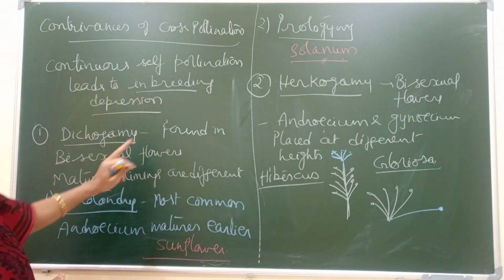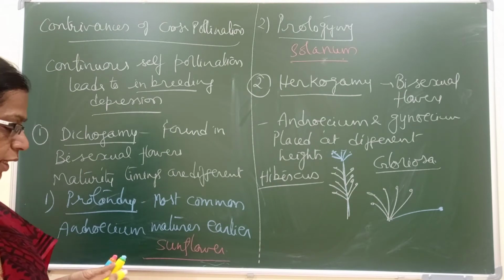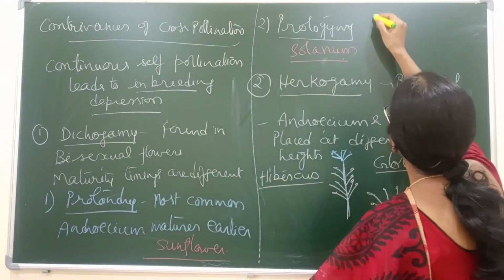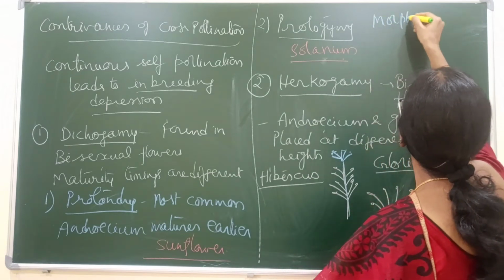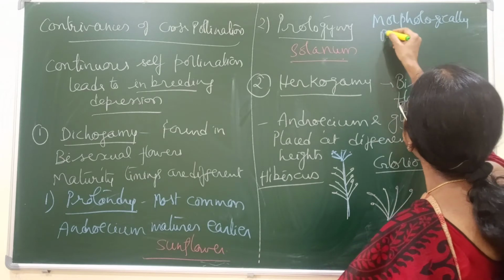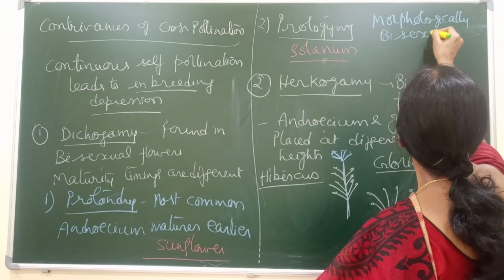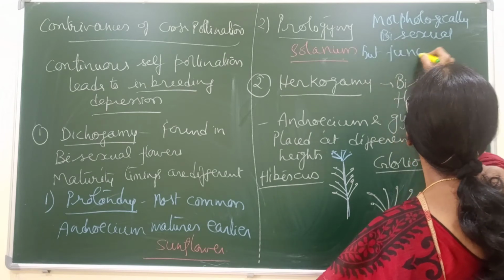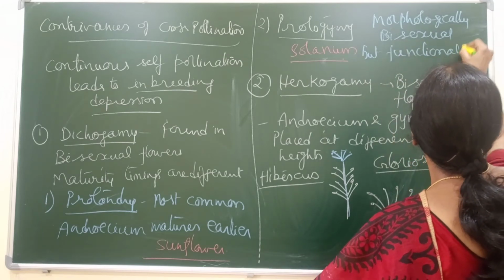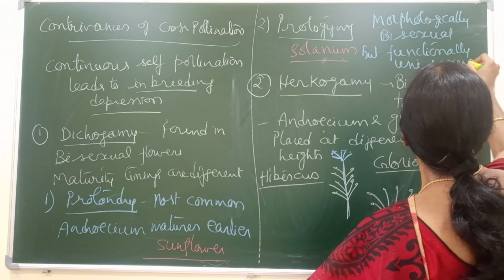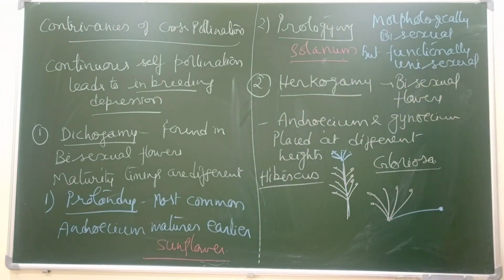Whereas in dichogamy, the flowers are morphologically bisexual, but functionally unisexual. This is what we can say for dichogamy.